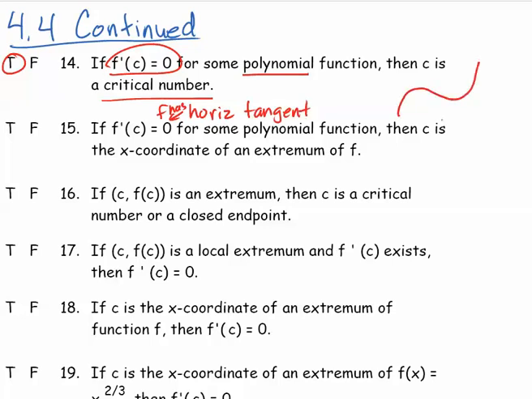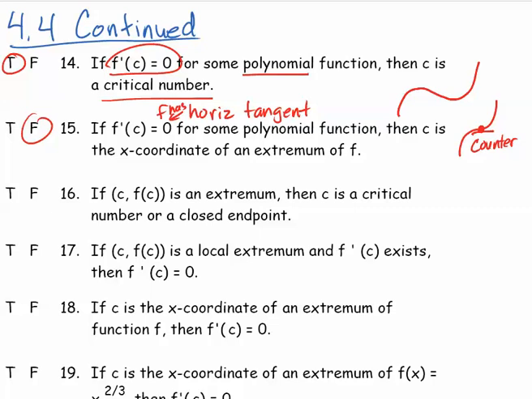Well, that's true much of the time, but remember our x cubed graph where we have a horizontal tangent at what we've called a saddle point. So the saddle point would be our counterexample. So just because you have a horizontal tangent is not enough. The first derivative has to change from positive to negative or negative to positive.